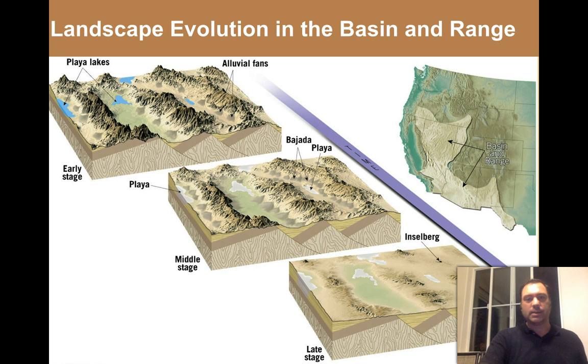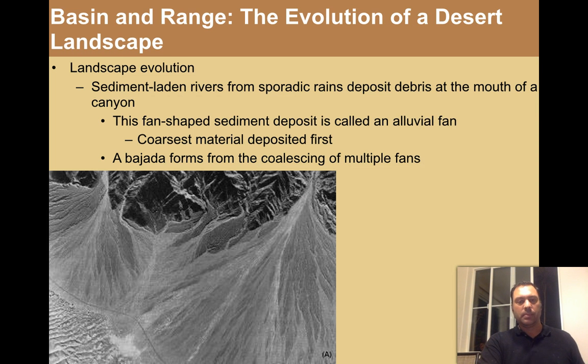All right, let's show some examples of these features as we're going. So sediment-laden rivers from sporadic rains deposit debris at the mouth of a canyon. We've talked about these; they are alluvial fans. We've shown these in previous videos, so I'm not going to spend a whole lot of time talking about them. This is an image taken from radar, I believe from an aircraft that flew over.